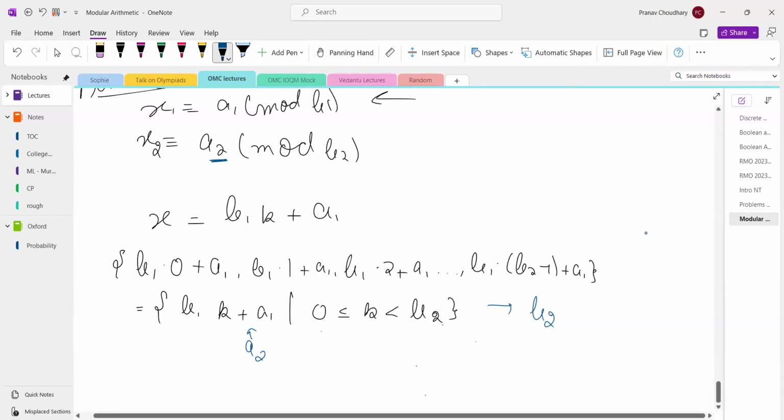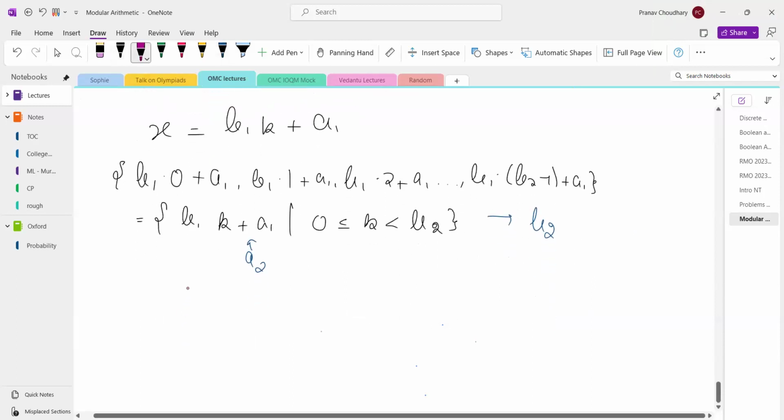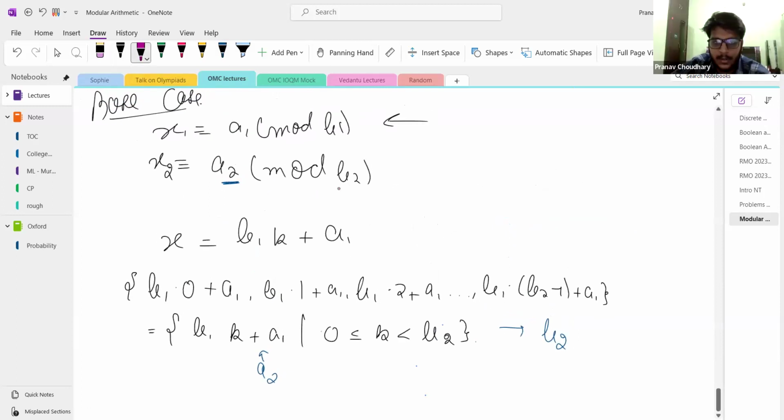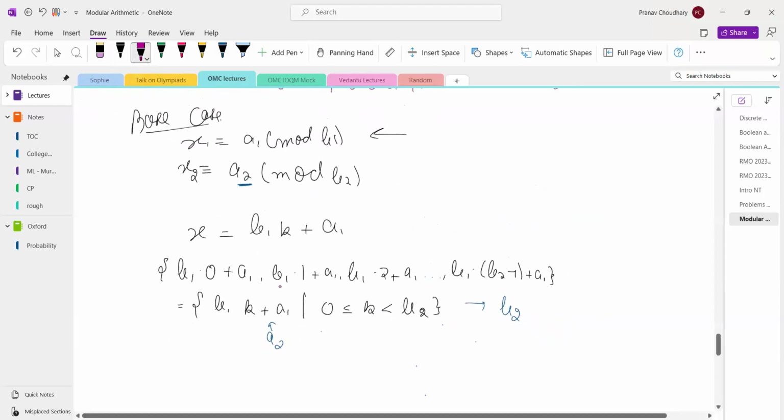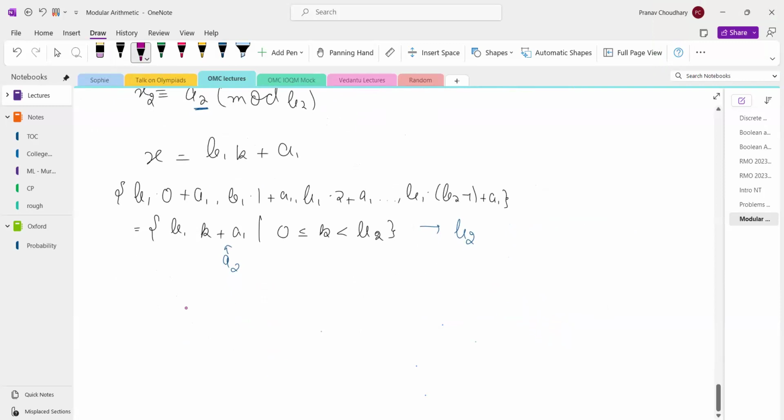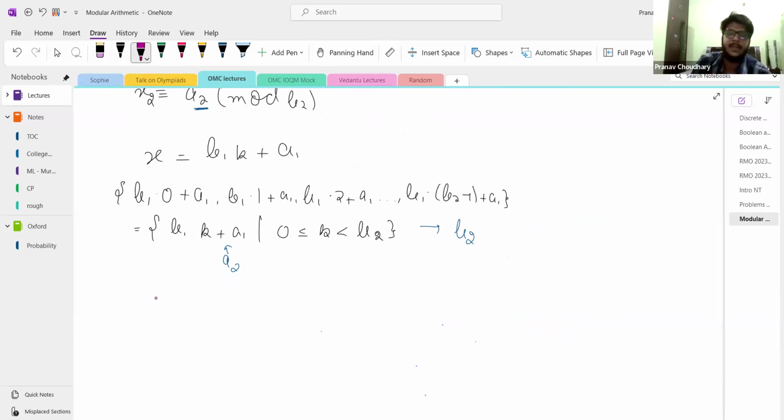We need to show that this sequence contains a2, the remainder. So we will show that this is the complete remainder set mod b2. Yes, you got the idea. It's fine.